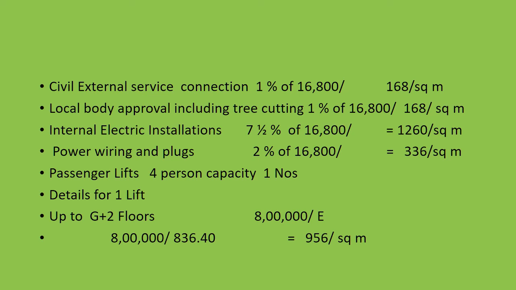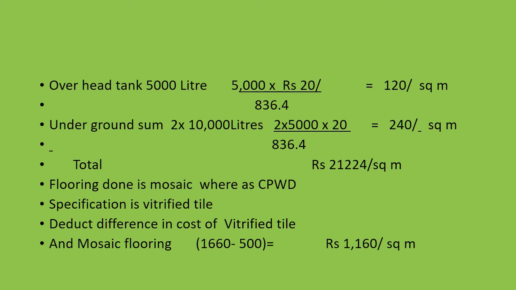Power wiring 2%. Passenger lifts are 8 persons capacity, one number. Details of one lift: ground floor plus 2 floors, so 8 lakhs. So the share comes to 956 per square meter. Overhead tank, 5,000 liters capacity.